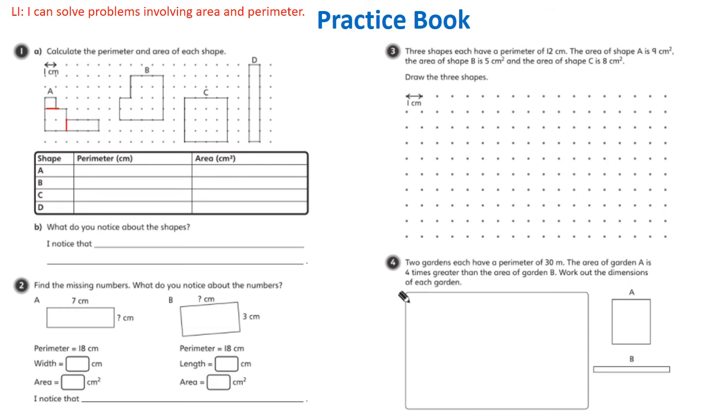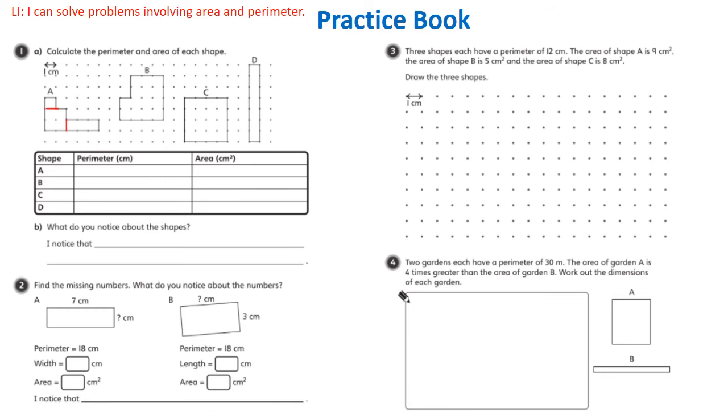Question 2. Find the missing numbers. What do you notice about your answers? So each time you are given the perimeter and one of the sides. So think back to what we did before. You need to work out what the other side is.